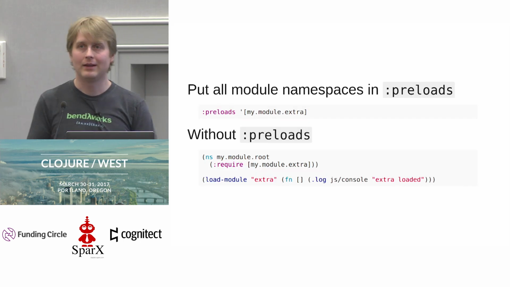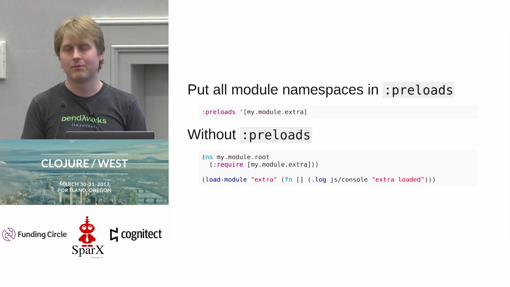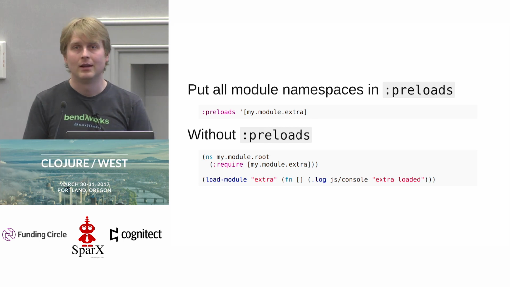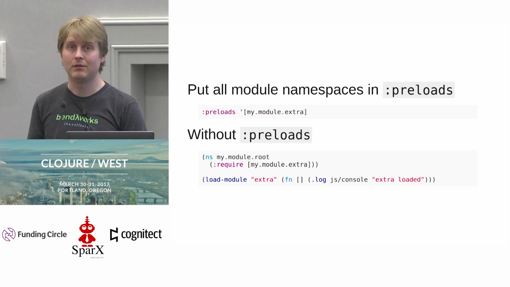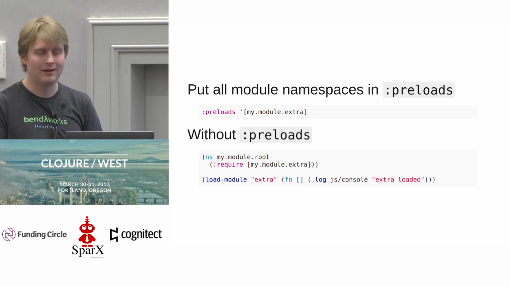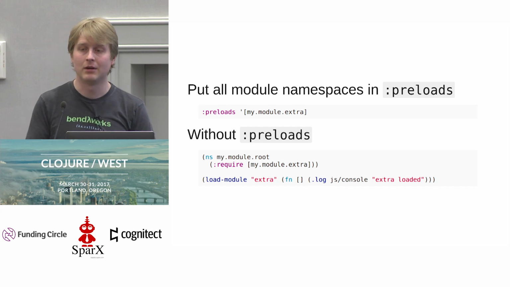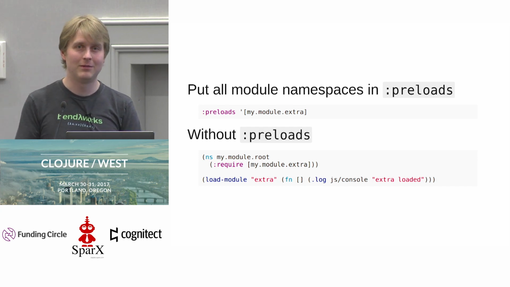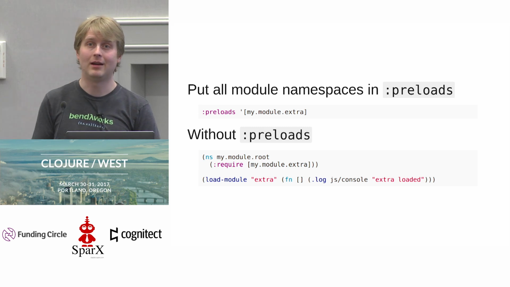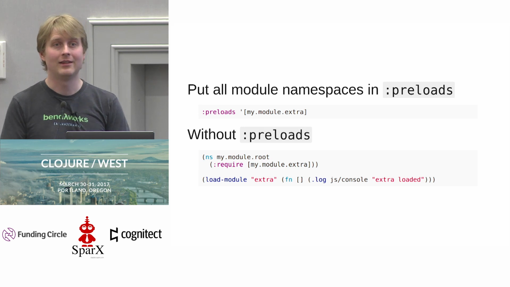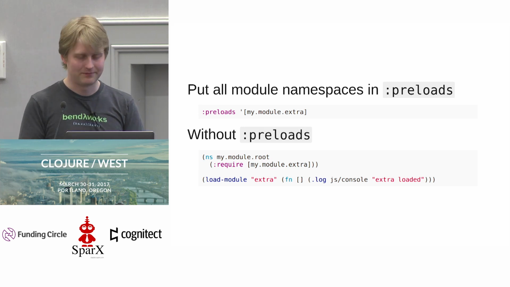First, we have to put all of our modules inside of preloads, which is what we don't want, but the only other way to get our modules to load correctly inside development is to put them inside of our root namespace and not ever use them, which does not strike me as clean code. We want all of our module dependencies to live in our build, not inside of our actual code.